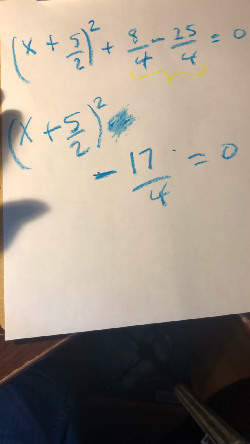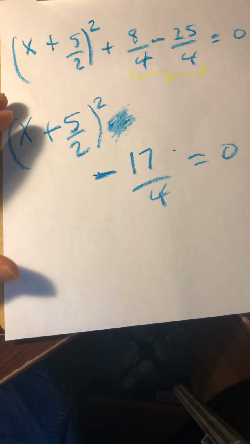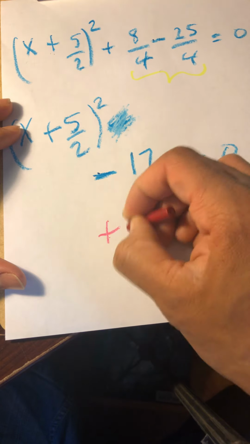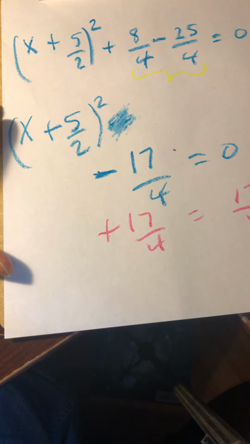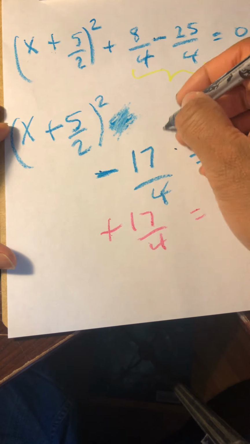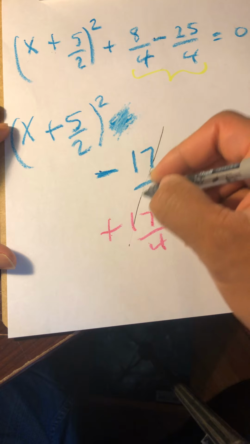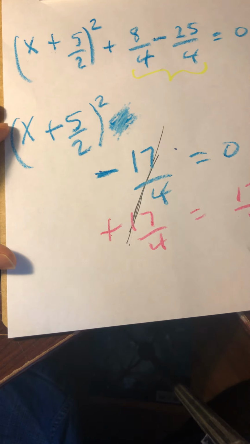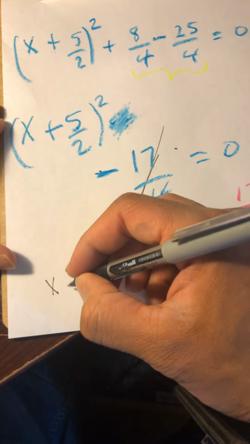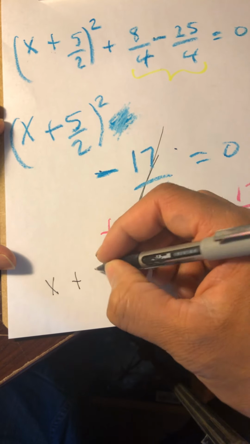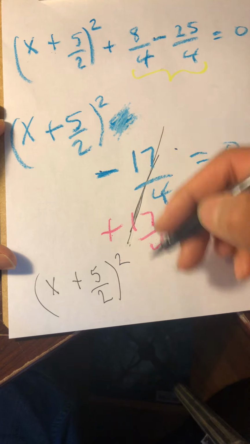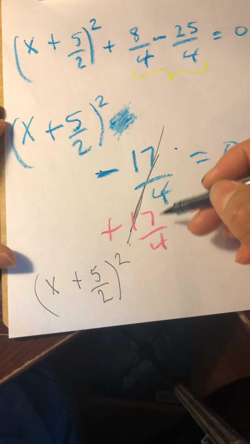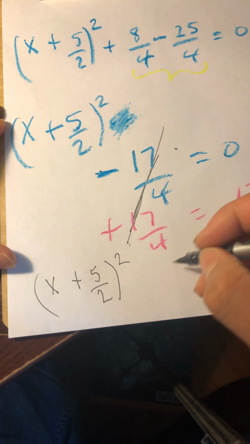Now I want to solve this. So I just want to add 17 over 4 to both sides. This is going to cancel out. What I have left on the left is (x + 5/2)². Negative 17 over 4 plus 17 over 4 cancels out to 0.